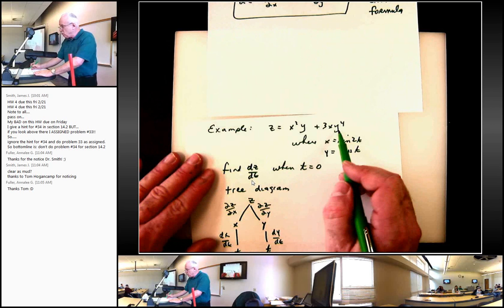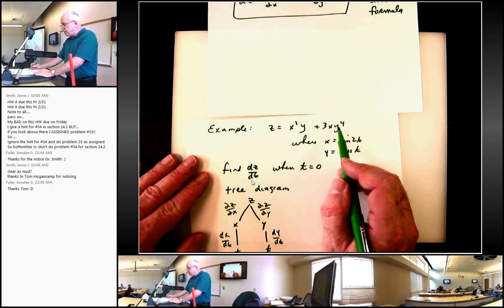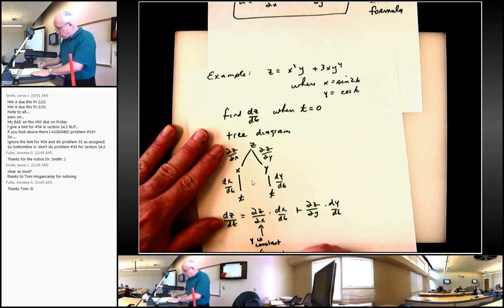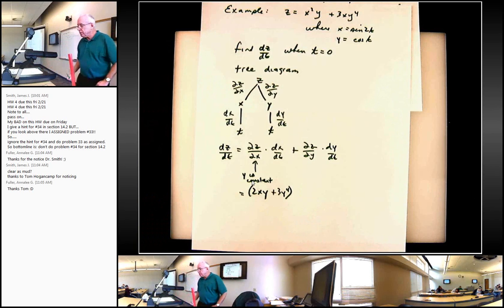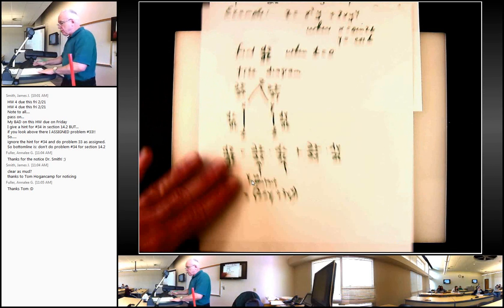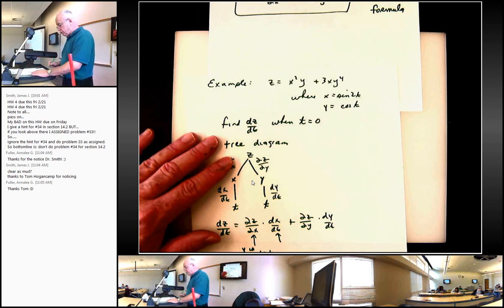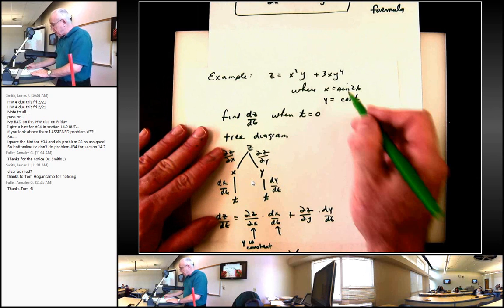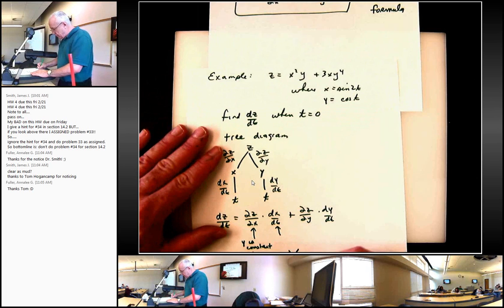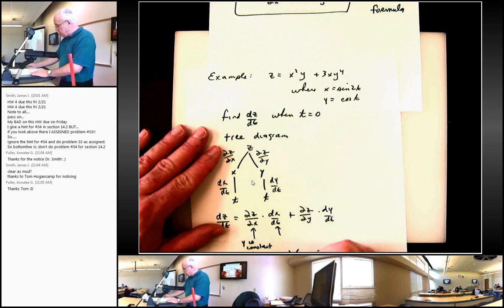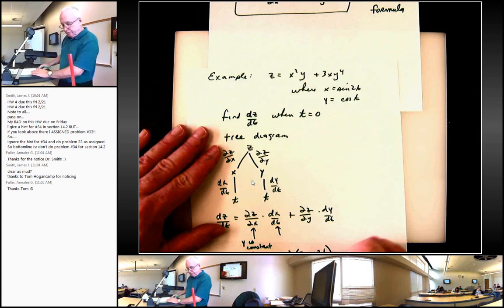And then again, y is constant, and the derivative of 3xy to the fourth, the x will go to a 1, so that's 3y to the fourth. Let me close the parentheses. And now let's figure out what dx/dt is. Well, x is equal to the sine of 2t. So we're going to use the chain rule. Derivative of the sine is the cosine of 2t. But then we have to use the chain rule, and so multiply in front by a 2.